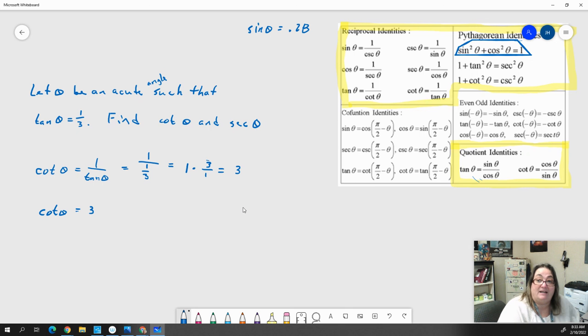Now it says we need to find secant, right? Well, what do I know about secant? Secant is 1 over cosine, but I don't have cosine. What else do I have that has secant and tangent, or cotangent in it?